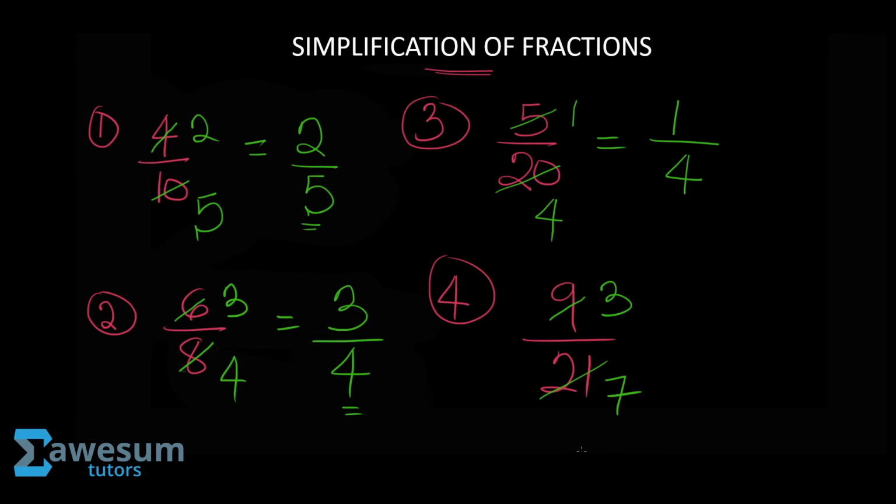So if you take a look at this, 3/7, nothing can go in both numerator and denominator evenly anymore except 1, right? So that means my final answer is 3/7. So that means I've been able to simplify it to its simplest terms.